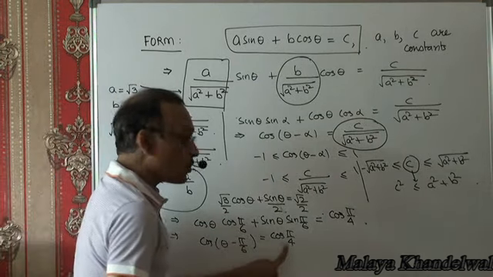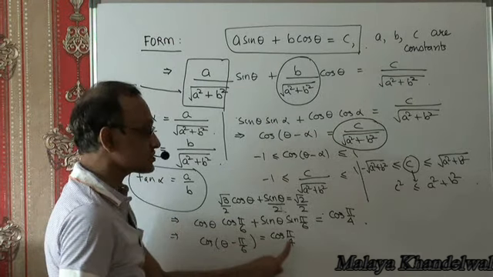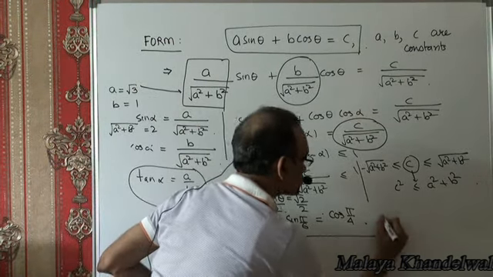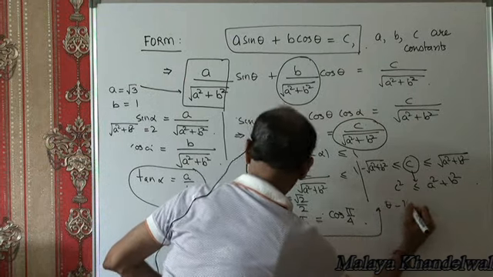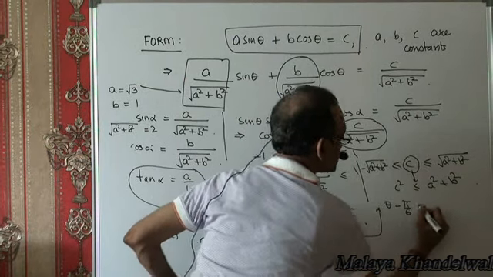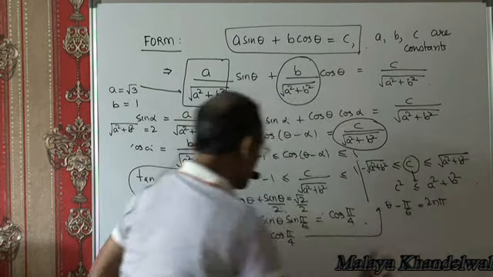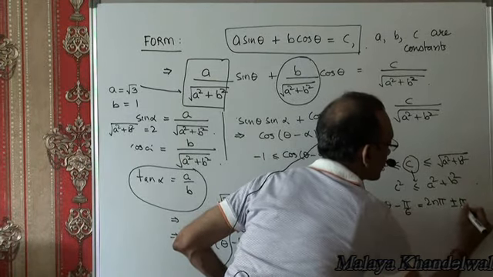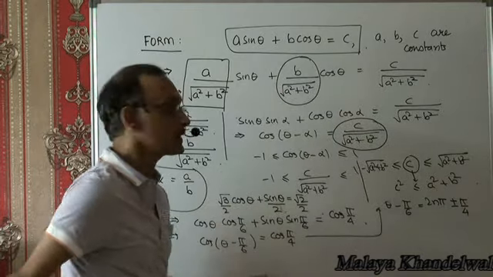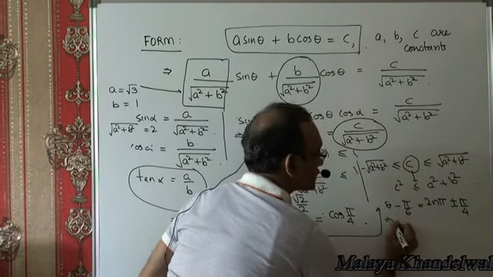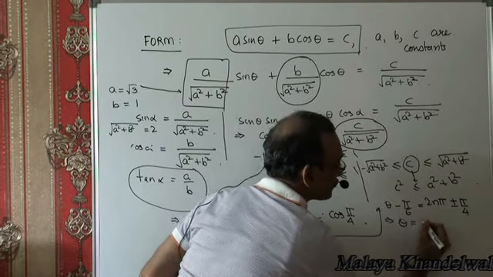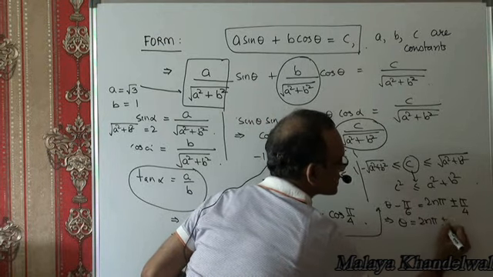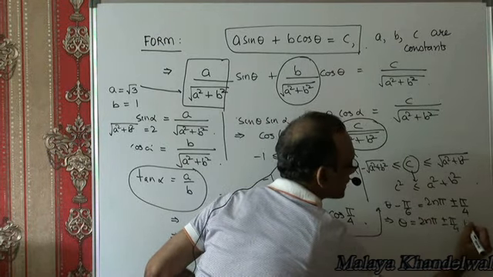Which means if cos theta is cos alpha, what's theta supposed to be? Theta minus pi by 6 is 2n pi plus minus alpha, that's the result that we learned, so plus minus pi by 4, where n is any integer. Theta therefore is going to be 2n pi plus minus pi by 4 plus pi by 6.